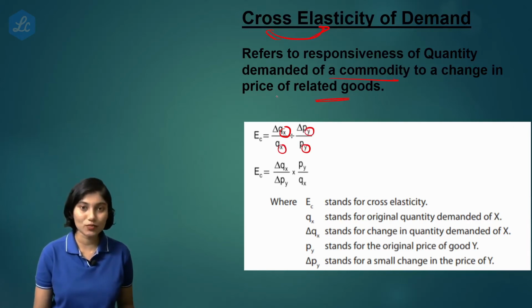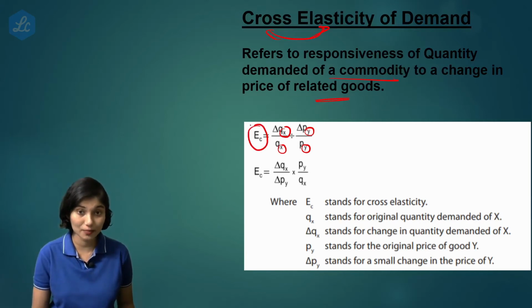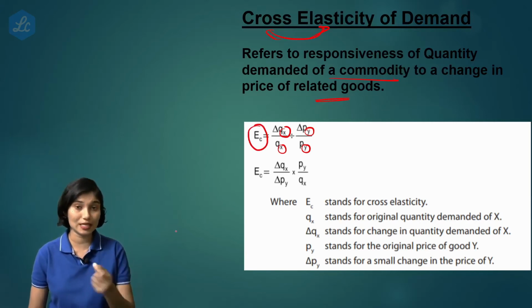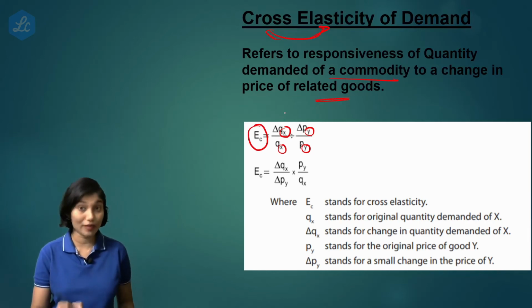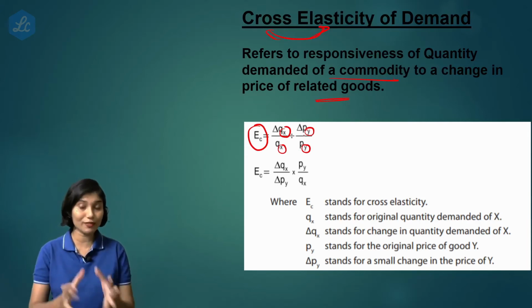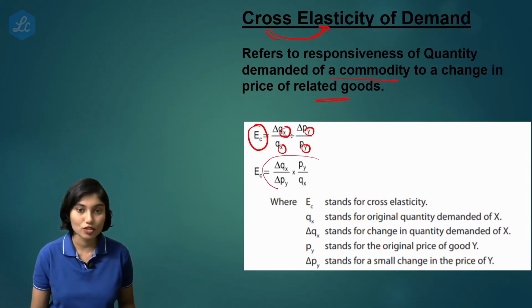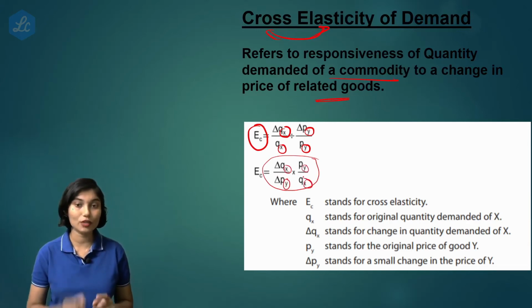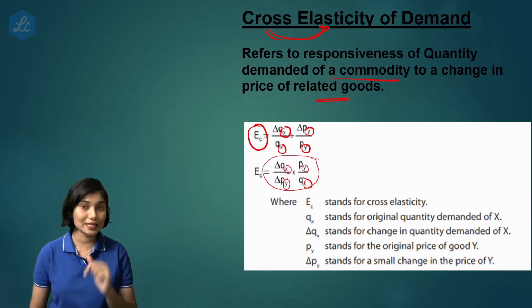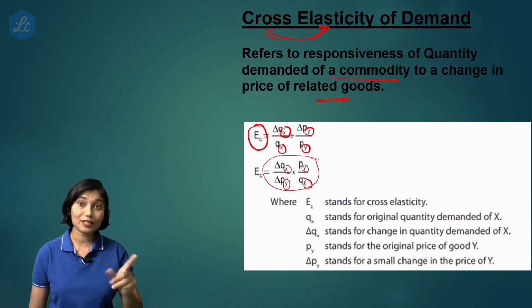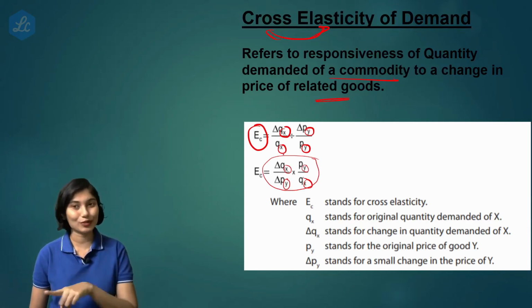So the formula goes as this: EC, because it is cross elasticity, EC is equal to change in quantity of X divided by quantity of X, and this whole thing is divided by change in price of Y divided by price of Y. If you simplify this formula, it will look like this: change in quantity of X divided by change in price of Y. Remember, quantity of one good, price of another good, into price of Y divided by quantity of X. Now, EC stands for cross elasticity. Quantity is of one good, that is X. Price is of another good, that is Y.